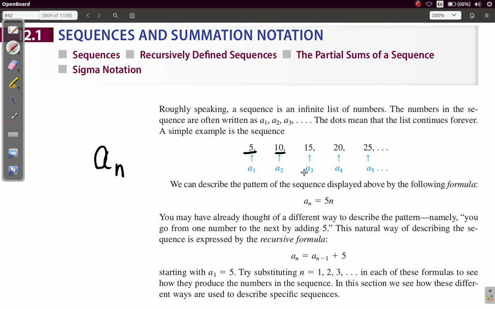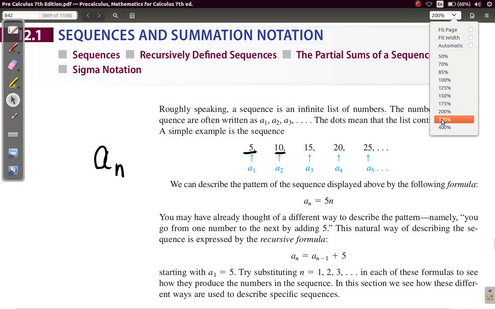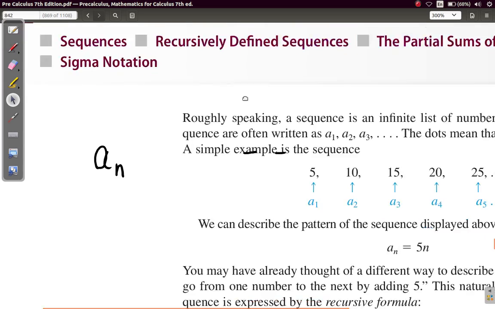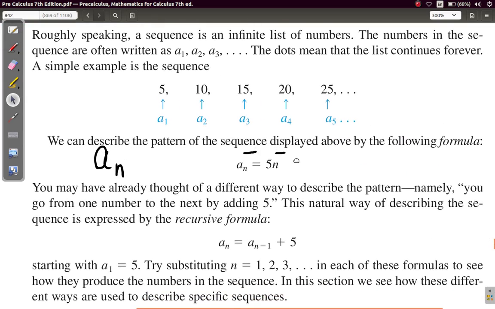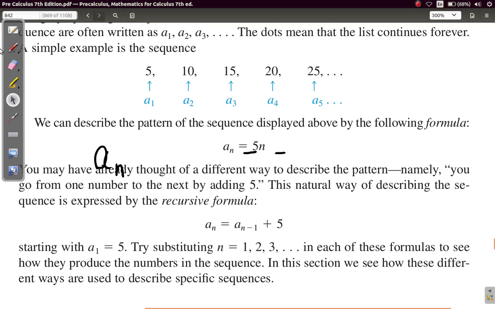Now this sequence, let me increase our zoom. This sequence here, the pattern of the sequence, it follows this formula. And remember, there must be a pattern, a fixed pattern to a sequence, and there must be a formula or some rule that the sequence follows.